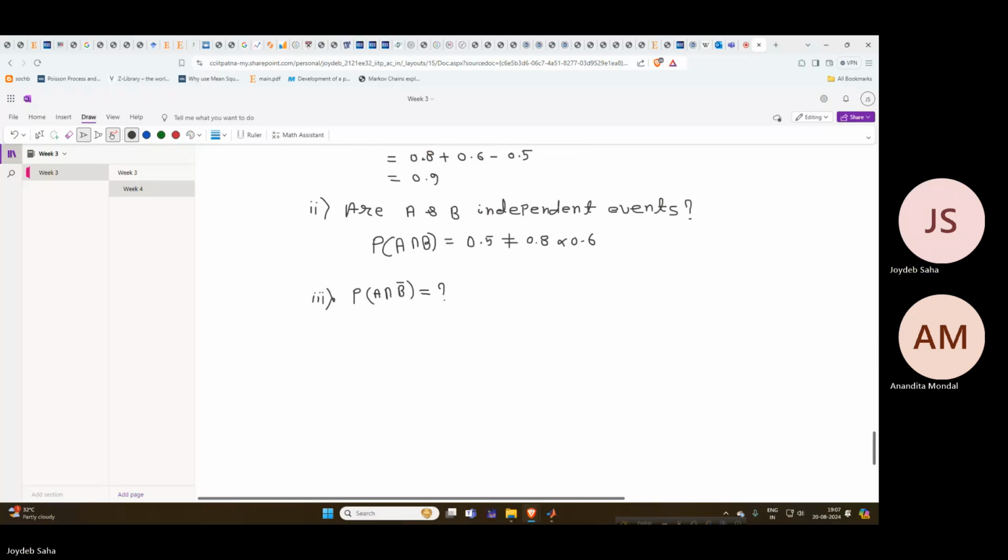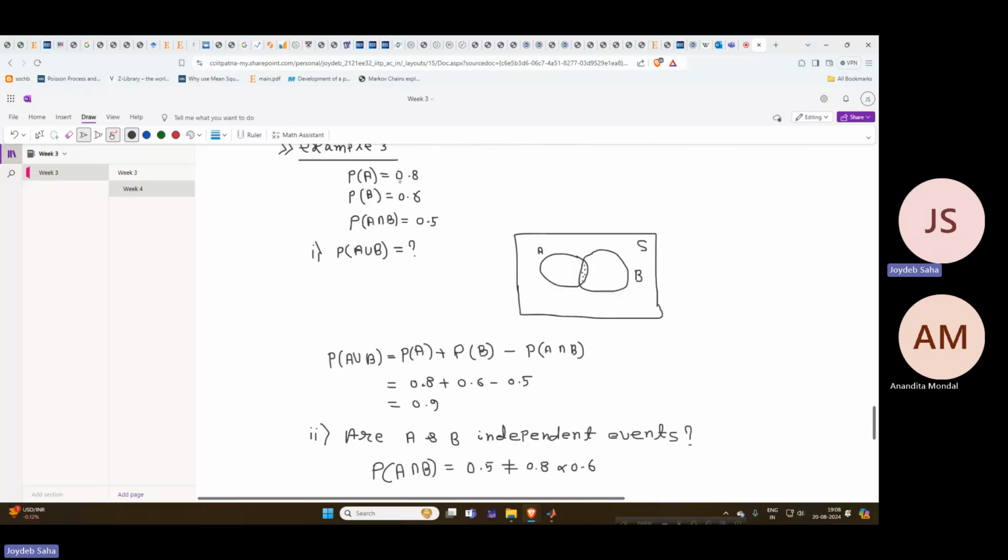The probability of A is 0.8, probability of B is 0.6, and probability of A intersection B is given as 0.5.